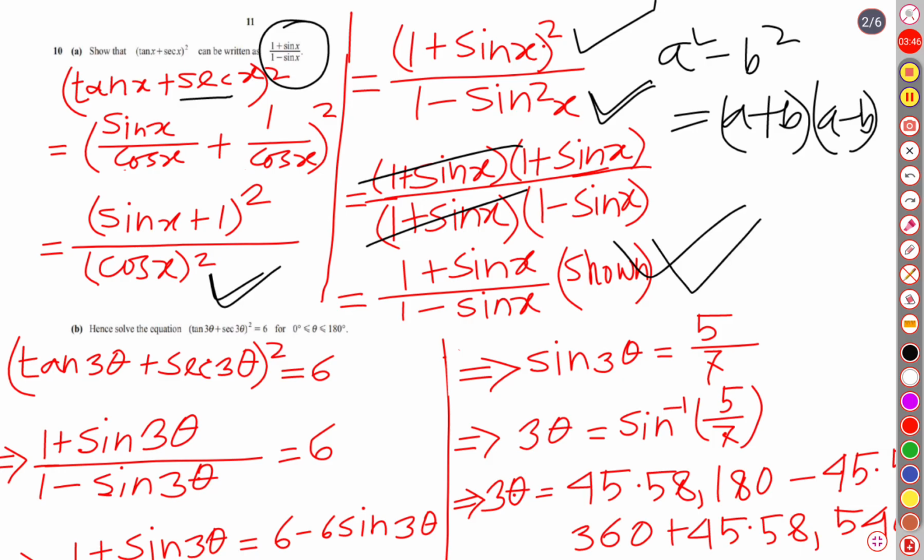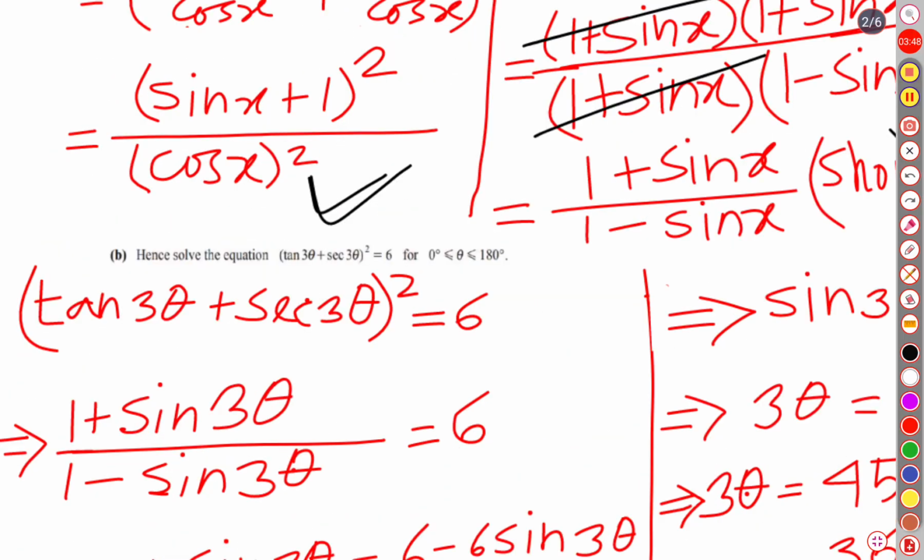Let's see what question B says. B is actually the same question as the previous one. Look at this: (tan 3 theta plus sec 3 theta) whole square equal to 6.